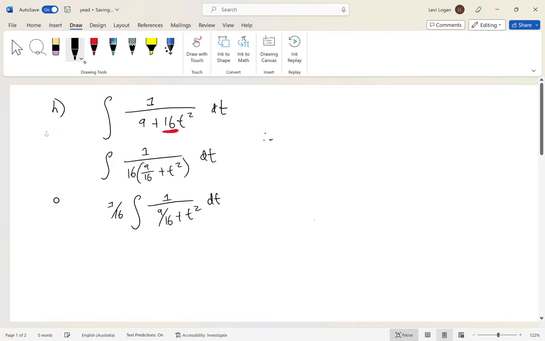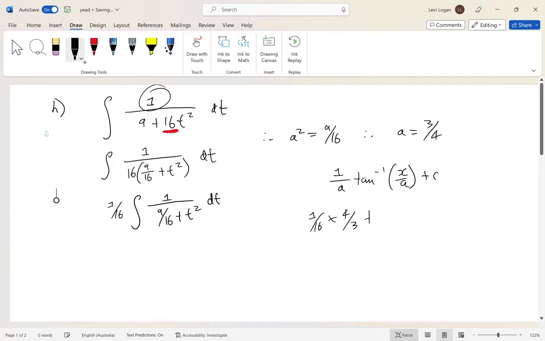Alright, a squared is 9 over 16. Therefore, our a is equal to 3 over 4. And recall, we don't have an a up here, so we're going to have to use this form, 1 over a tan inverse of x over a plus c. So 1 over a is going to be 4 over 3, and we have the 16 out the front, so times by 1 over 16. Tan inverse of 4t over 3 plus c.